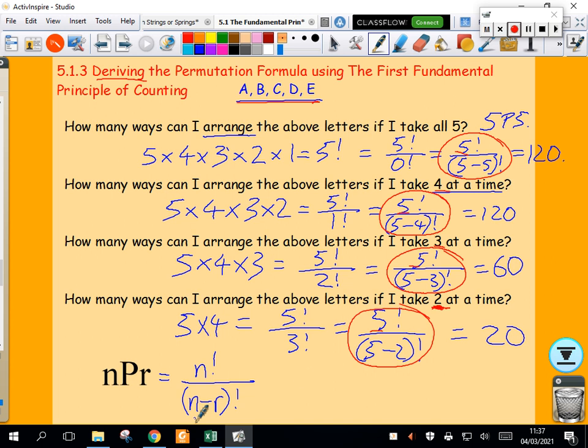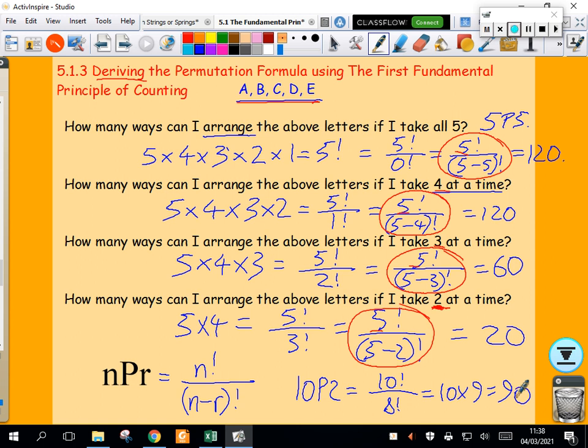Okay, so 10 permute 2 will be 10 factorial divided by the difference between 2 and 10, which is 8 factorial. Remember that when I cancel, we'll have 2 terms. The biggest term will be 10. The smallest term will be 1 bigger than 8, which will be 9, which is 90.